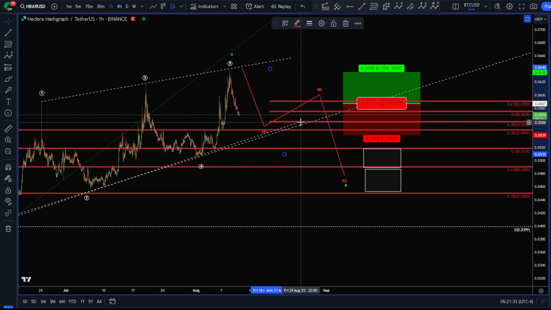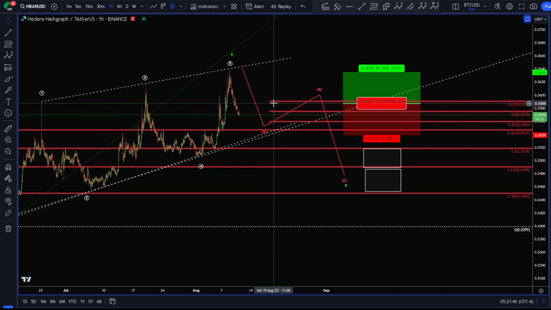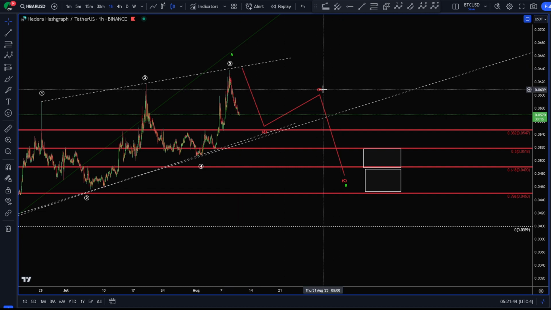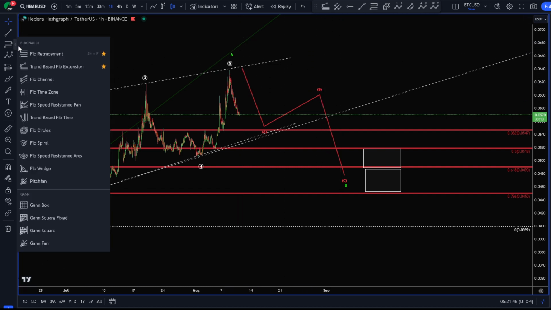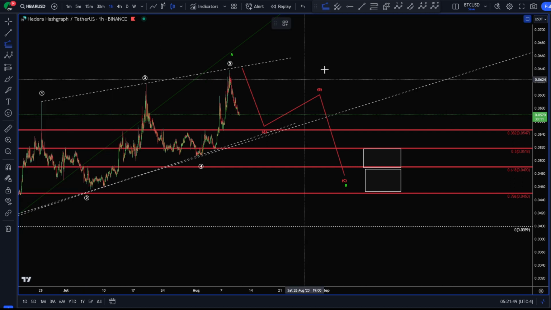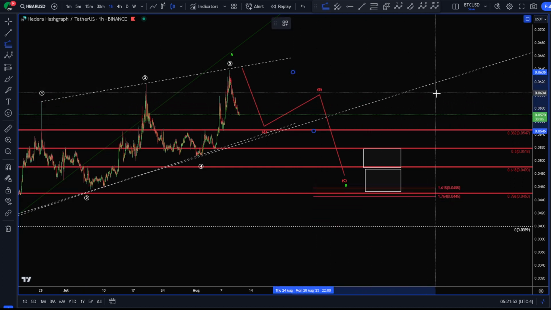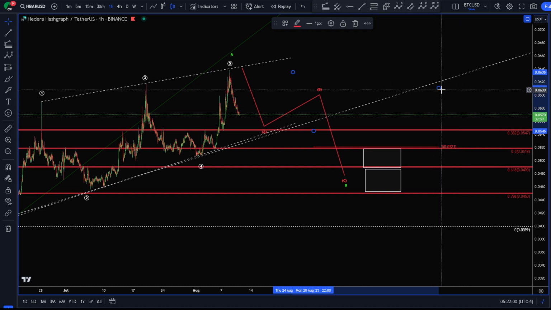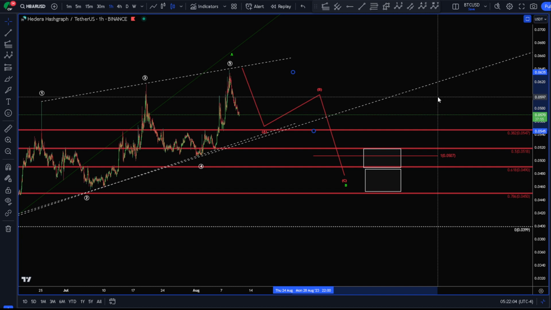I'll start taking entries at the 382 and between the 382 and the 618, and I will have our stop at the wave 5 high. And once we start to get our second pivot, that's when we'll be able to get our targets, and we'll be targeting the 1-to-1 for our C wave. So kind of just waiting for that to come to fruition to see what we'll be targeting.